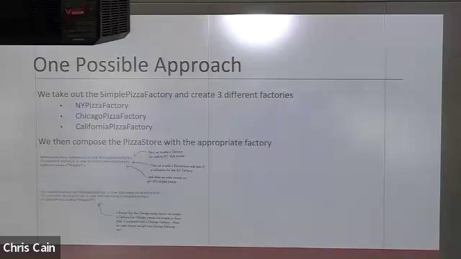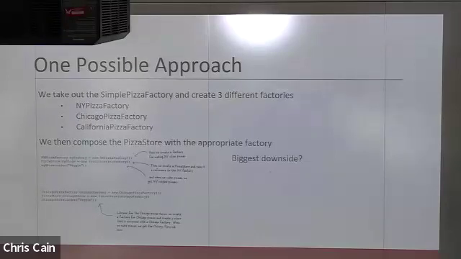As usual in this class, there's some kind of downside to everything we talk about. What's the downside? What seems wrong about this code or not ideal about this code?